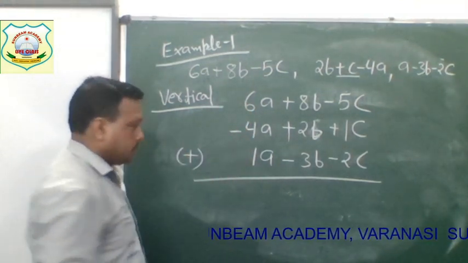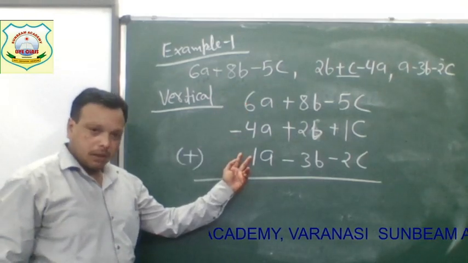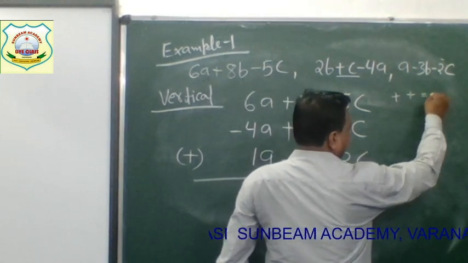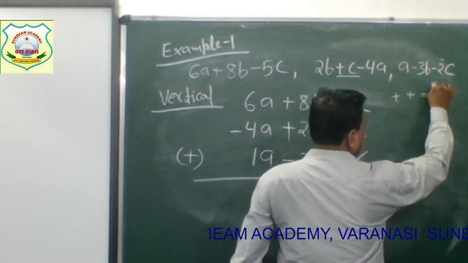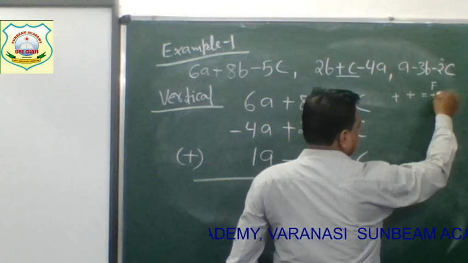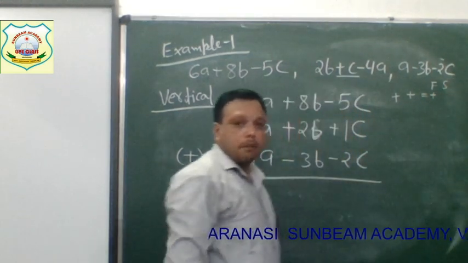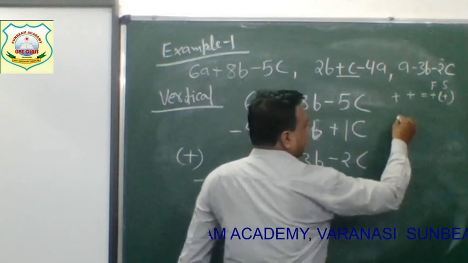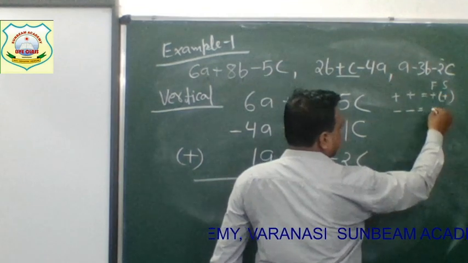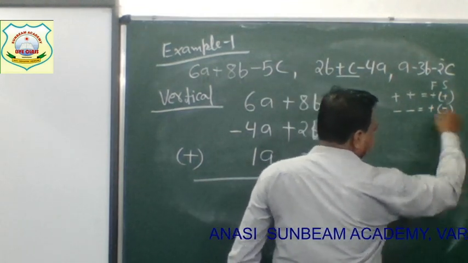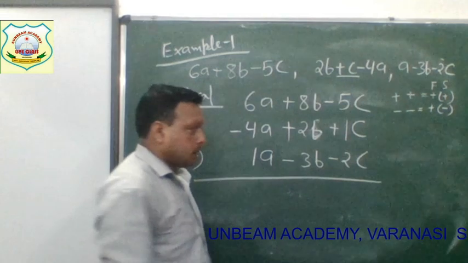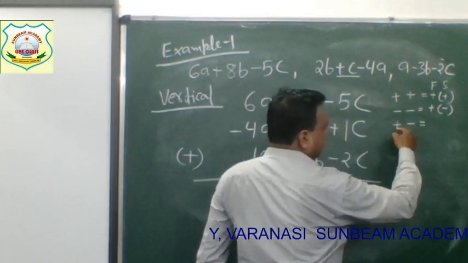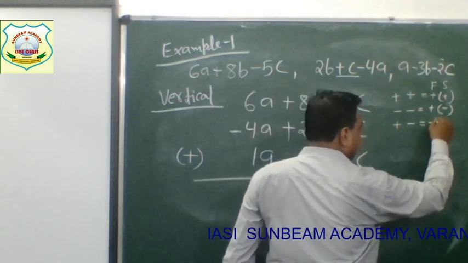Plus and plus, the function is plus, and the sign will also be plus. Minus and minus, what function will we do? Plus, but what will the sign be? Minus. Clear, students? If one value is given plus and one value is minus, what will we do? Plus and minus, we will do minus, that is the function.